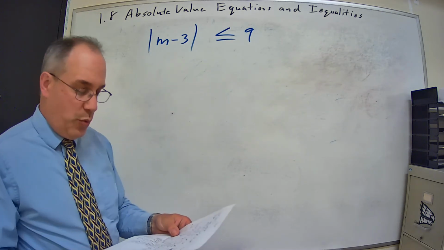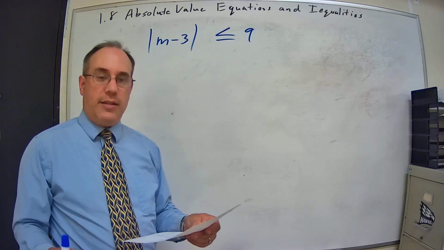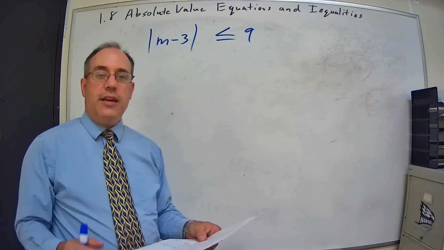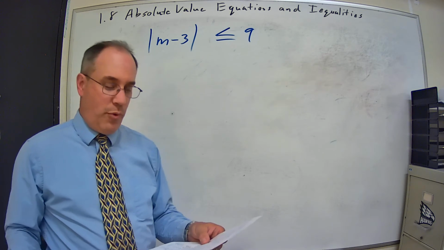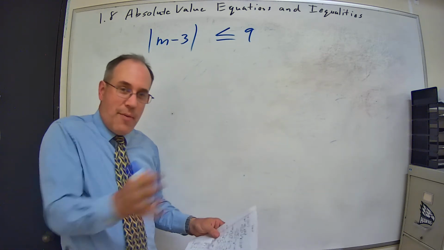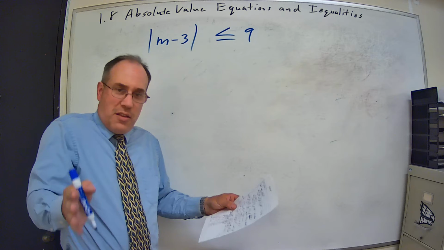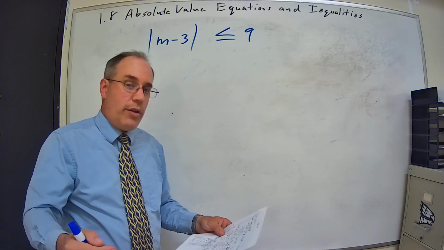T is within 0.02 units of 5.8. Within, that means less than that value. It does not include equality for that.